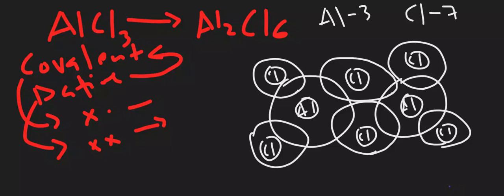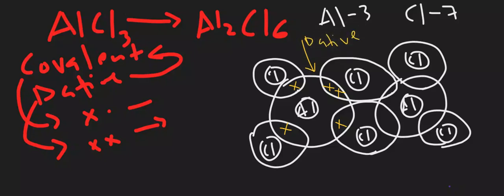This chlorine will give aluminium 1 electron, this chlorine will give aluminium 1 electron, this chlorine will give aluminium 1 electron, while this other chlorine will give aluminium 2 electrons. Therefore, this is where our first dative bond exists.